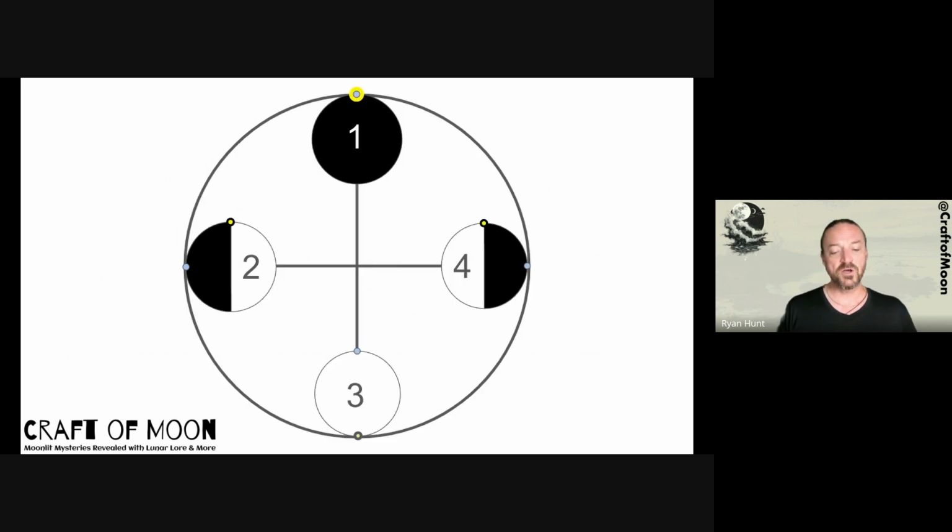So when we look at those, we can see it represented in this way: the dark moon, the first quarter, the third quarter, the fourth quarter, and finally back to the dark moon again.